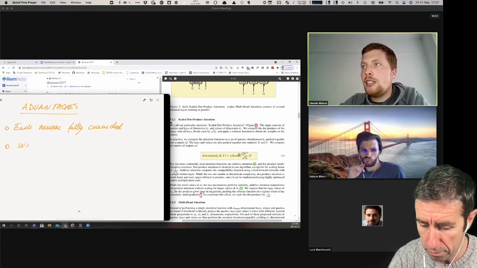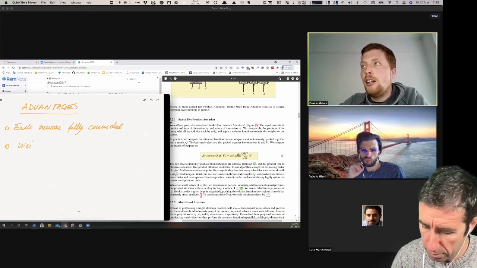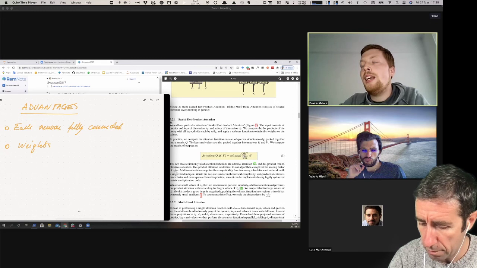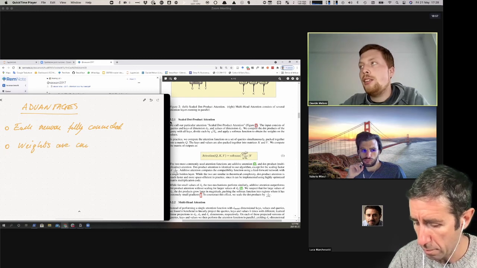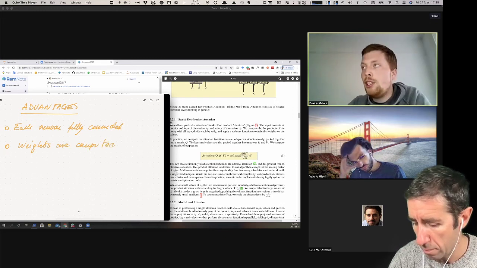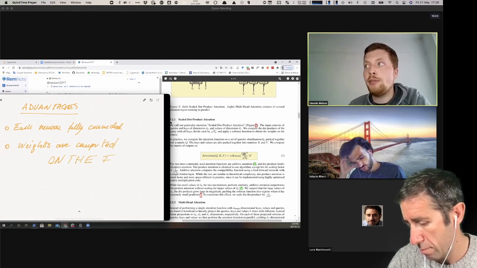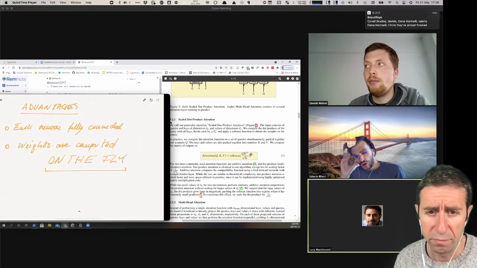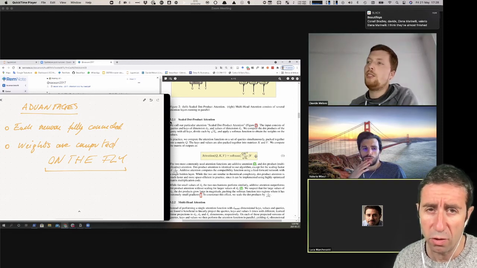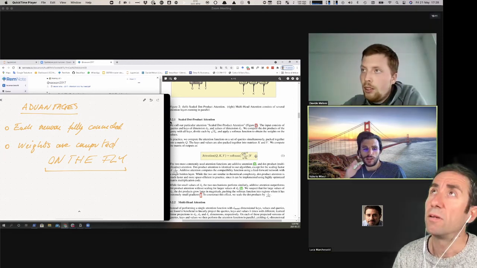They are not static. You compute the interaction between the input features on the fly when you are in the inference phase.